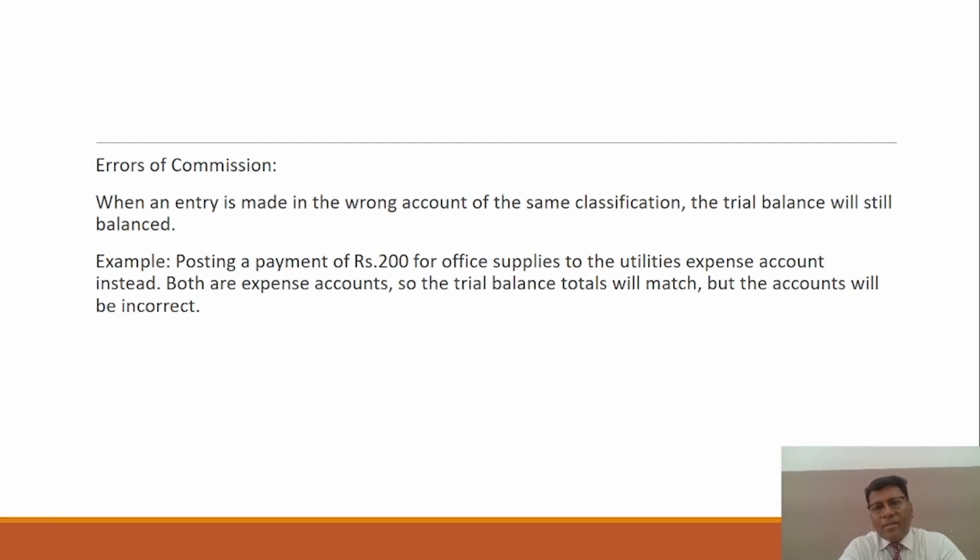You have entered the transaction in the book, the amount is correct and the date is correct, but the expense name is incorrect. So there is no effect on the debit or credit side, and you will find that the balances of the trial balance are equal, and you will think there is no error, because arithmetically it is correct. But errors of commission exist.